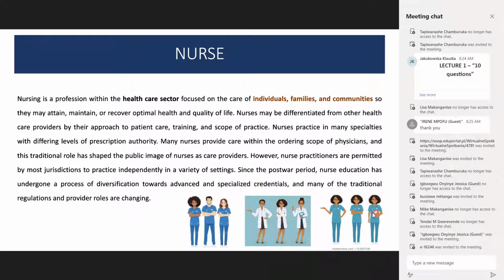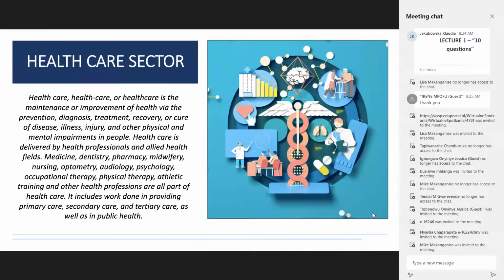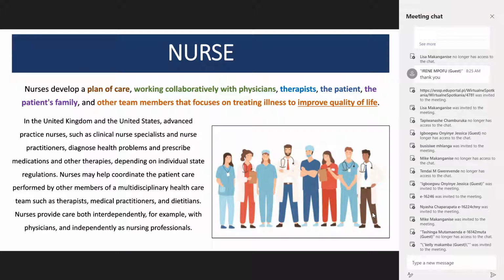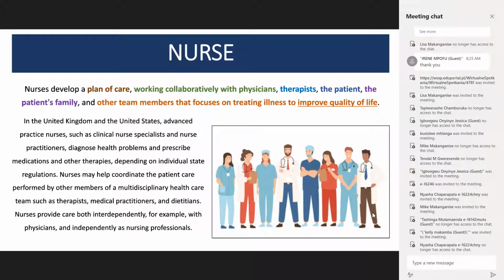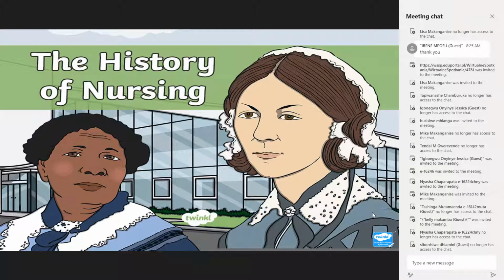So I think that her definition also may be important. About nursing, on this slide you have information about nursing and about the healthcare sector, but it is very short information. What is the healthcare sector? Okay, next. It was the basic information, and the most important thing from this lecture is the history of nursing.